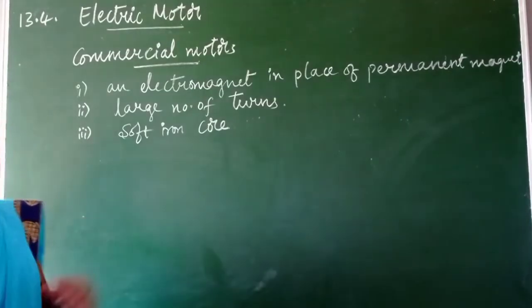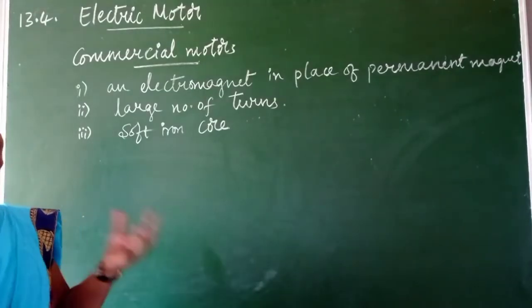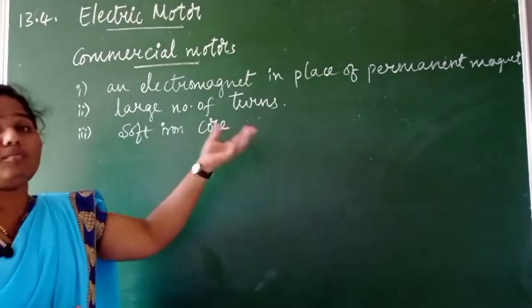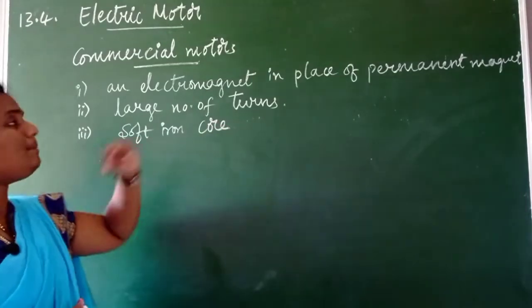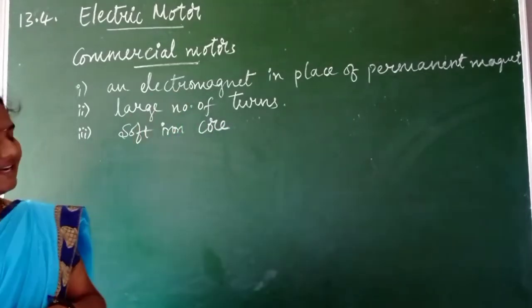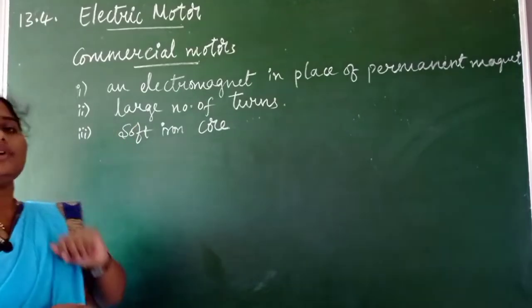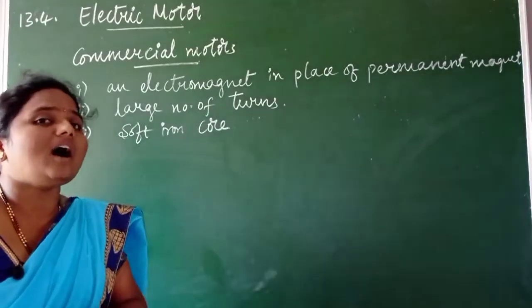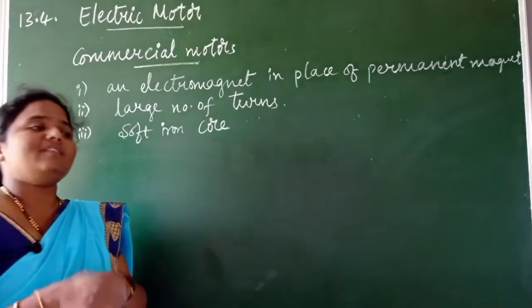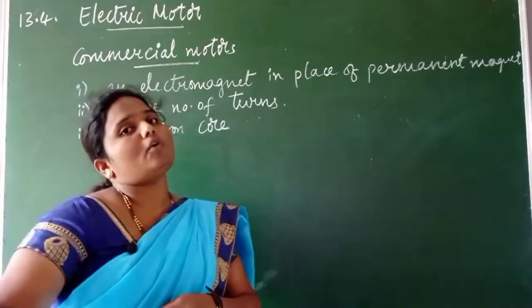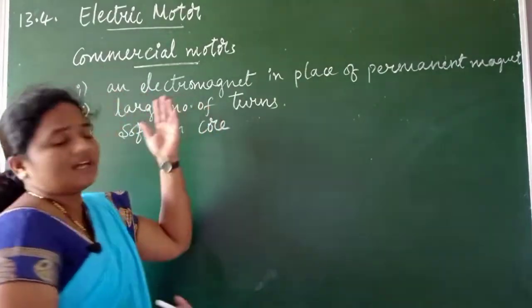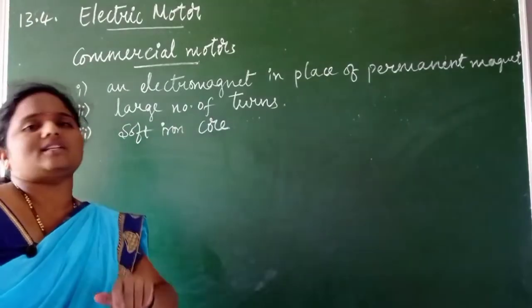In order to make a commercial motor, children, we have to replace the powerful permanent magnets with electromagnets, first point. And the second point says that we have to increase the number of turns. When we increase the windings on the coil, children, we can make the motor more powerful.